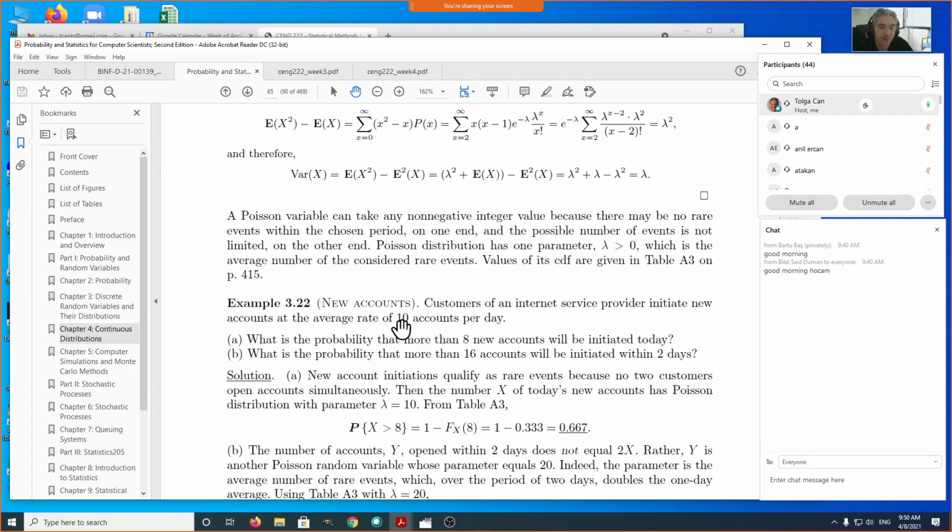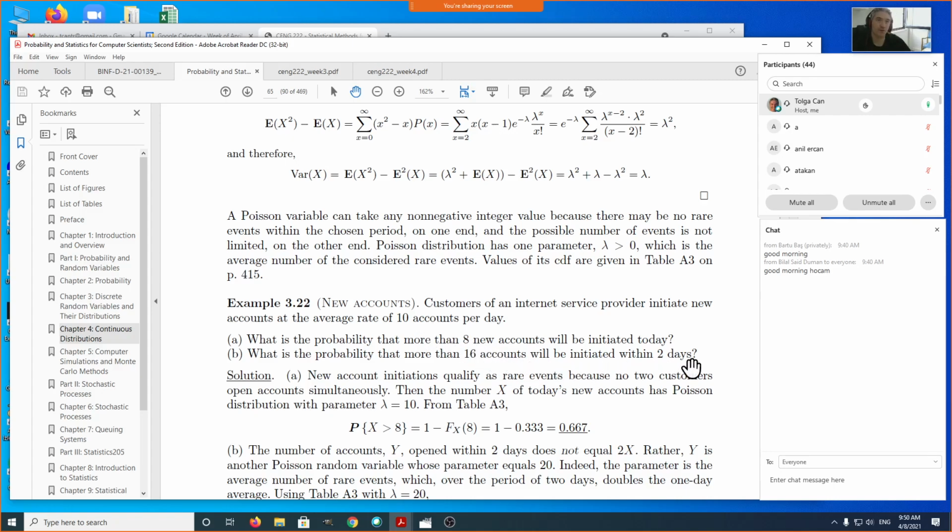Lambda was given as 10 here. This is going to be another Poisson variable with lambda equal to 20. When we are solving the probability, we need to look at a different table with a different lambda parameter. In this case, lambda is going to be doubled.